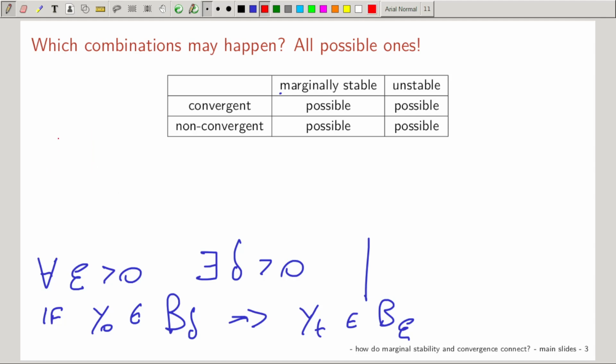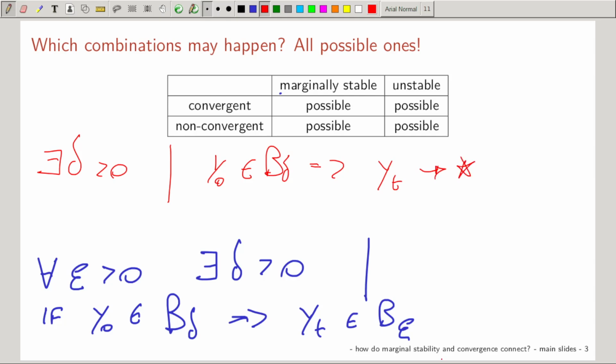No. There exists a delta bigger than 0 such that y0 inside my B delta implies yt converges to the equilibrium. Watch out. There must exist at least one. It's not for any delta.